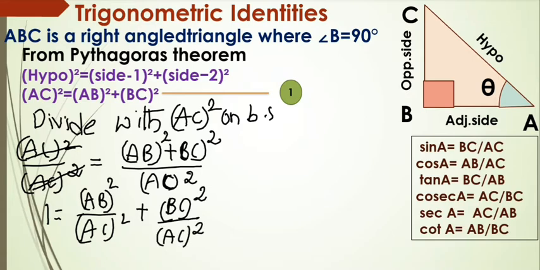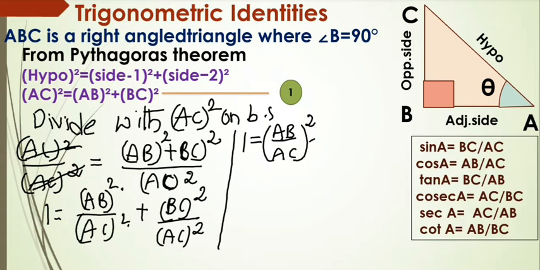Now observe that square is there for numerator and denominator. This can be written as 1 is equal to AB by AC whole square plus, here also square is there for both numerator and denominator, so BC by AC whole square.